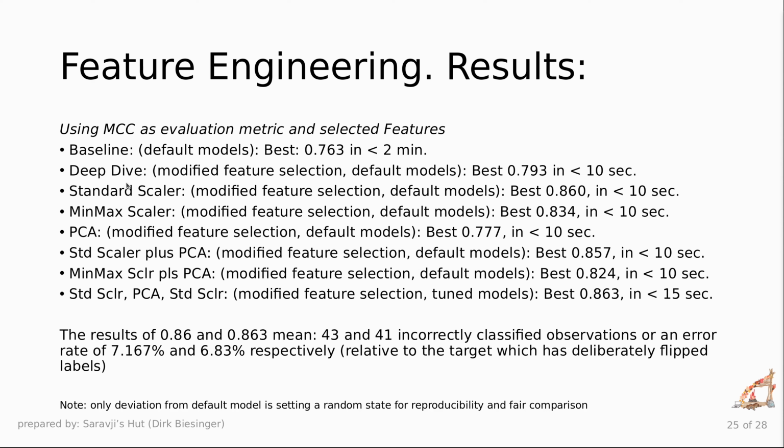Then next we did a deep dive, looking at the individual features that our heuristic produced, doing some soundness checks on them and modifying them a little bit. With this, we could boost the MCC to 0.79, and the runtime, because we were still using default models, was just shy of 10 seconds, but we needed to put the time in to evaluate it.